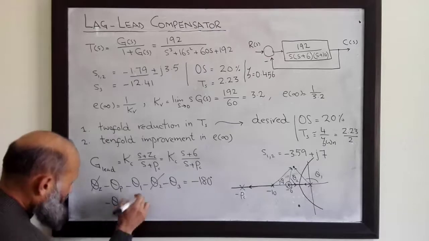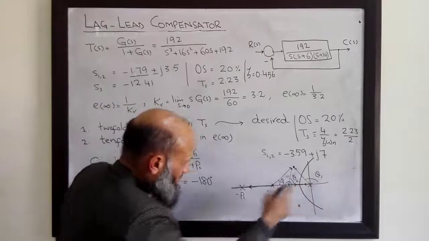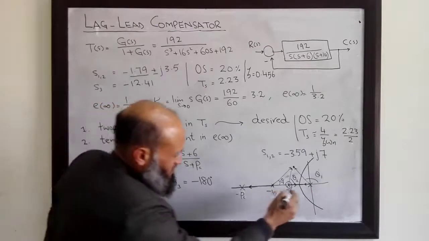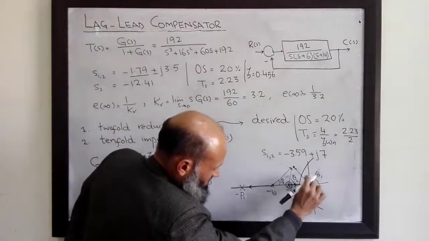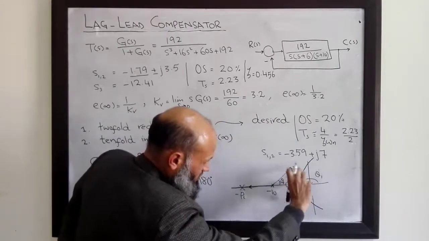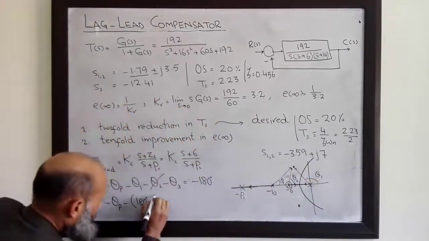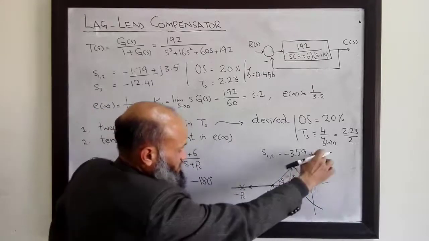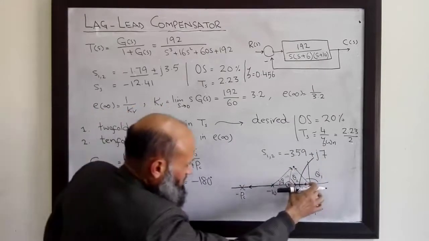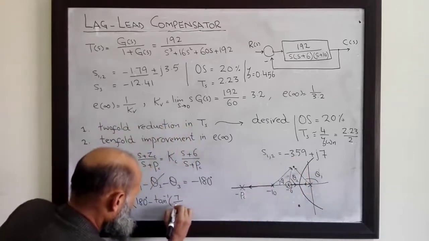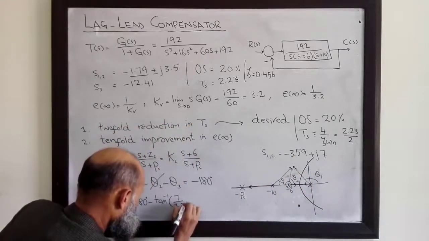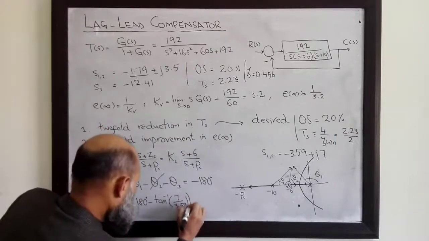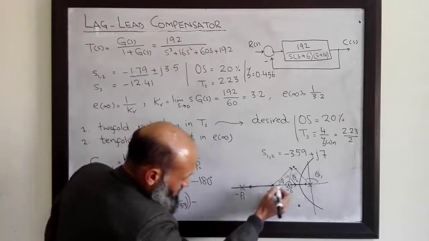Theta p minus what is theta 1? Theta 1, this angle, is 180 degrees minus this angle. What is this angle? This angle is tan inverse of this length divided by this length. So tan inverse of 7 over 3.59 gives the angle contribution theta 1. And then what is the angle contribution theta 3?